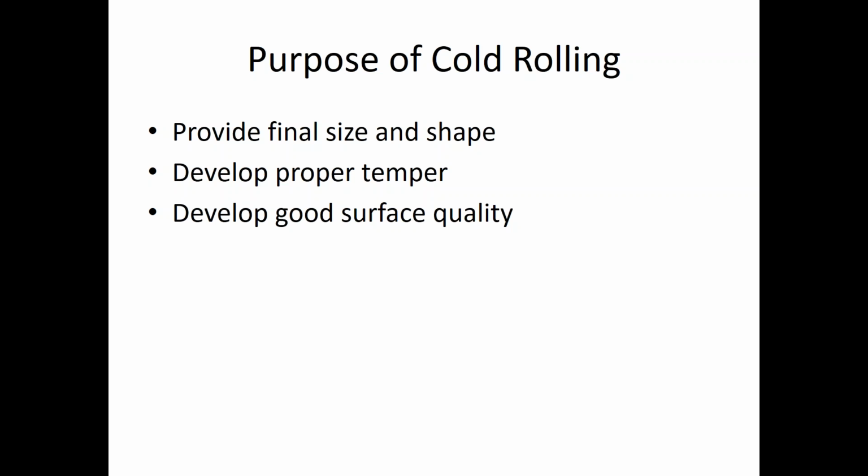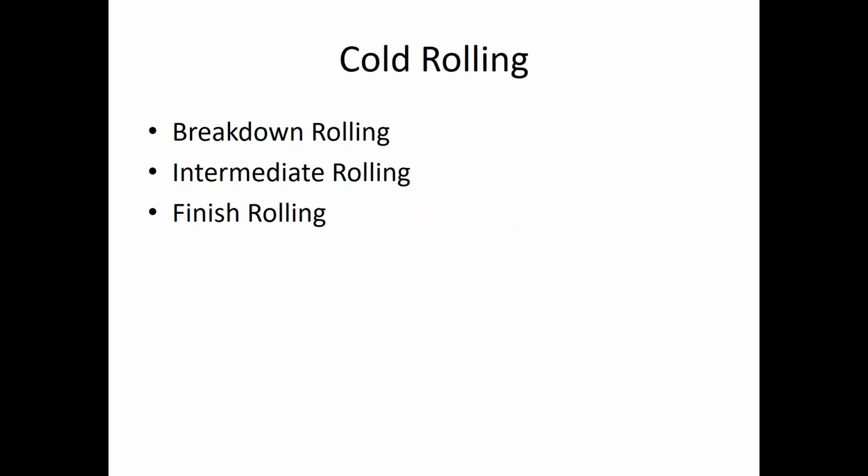Now you've already taken the hot band from like 6 inches thick down to 3/8. Here you're taking it in more controlled ways down to a final size, .010, .032, something like that. So you have several functions in cold rolling.